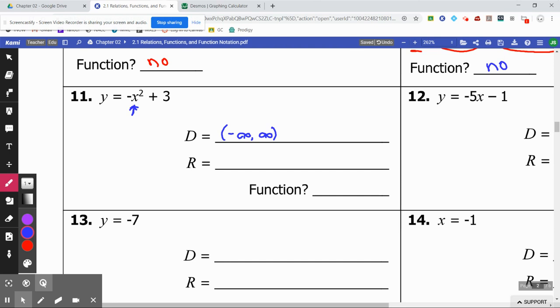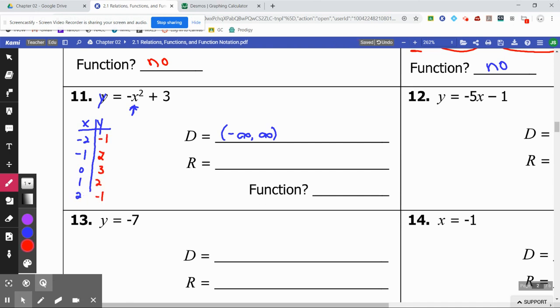Now, the next question is, what would you get? If you put these values in, what would your y values be? You could actually test this by plugging in. You could plug in -3, -4, -5, 0. Let me show you what actually happens. With -x squared plus 3, you could make a table and plug some in: -2, -1, 0, 1, and 2.